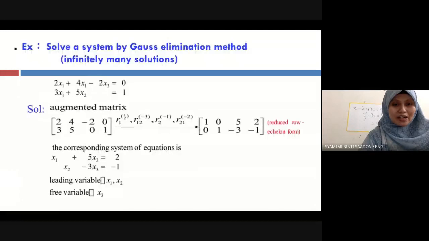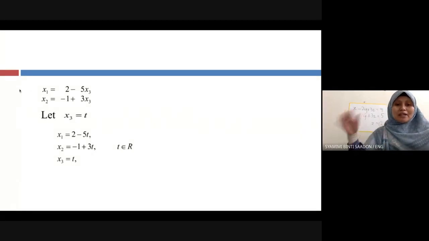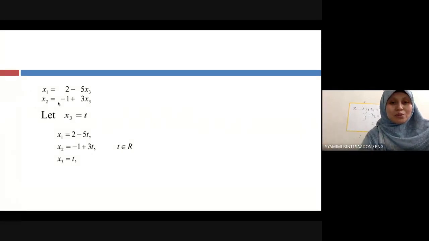So the equation just now, if you rewrite it in terms of x3, we have x1 equals 2 minus 5x3 and x2 equals -1 plus 3x3.